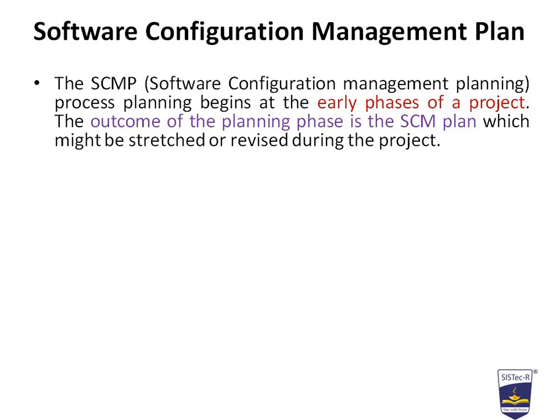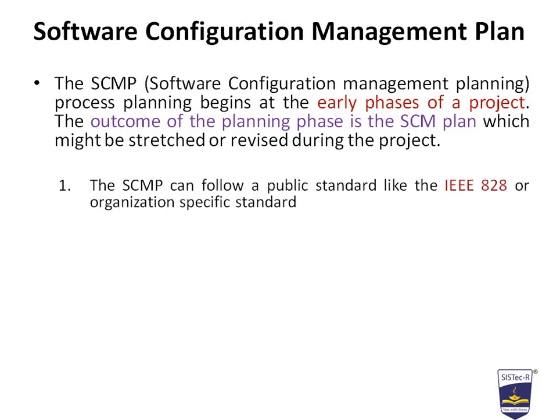As the project further gets developed, if some revisions are needed, we take up the revisions also and take an iterative approach to make it better. The SCMP can follow a public standard like the IEEE 828 or an organization specific standard.